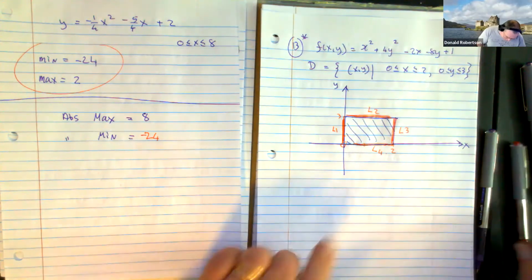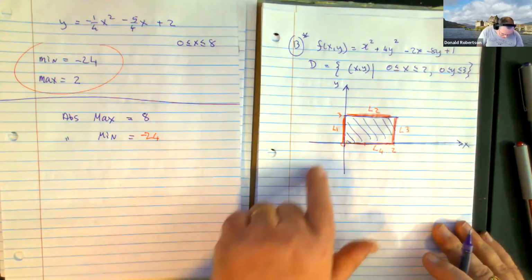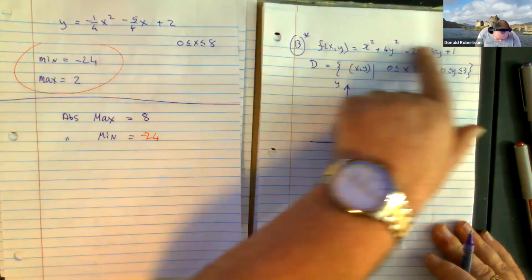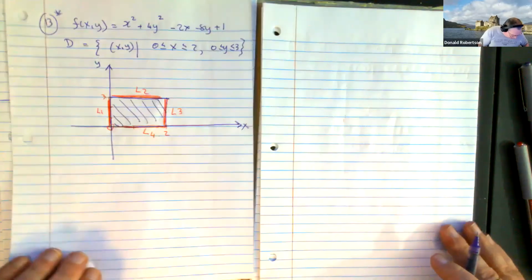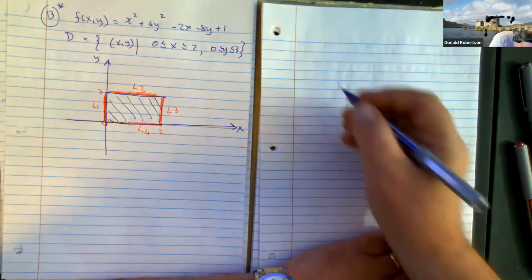So for each one of these fellas, we are going to set up how to describe each line, use it in here and get a minimum and a maximum. And then when we put the whole package together, including the inside points, we should be finished.